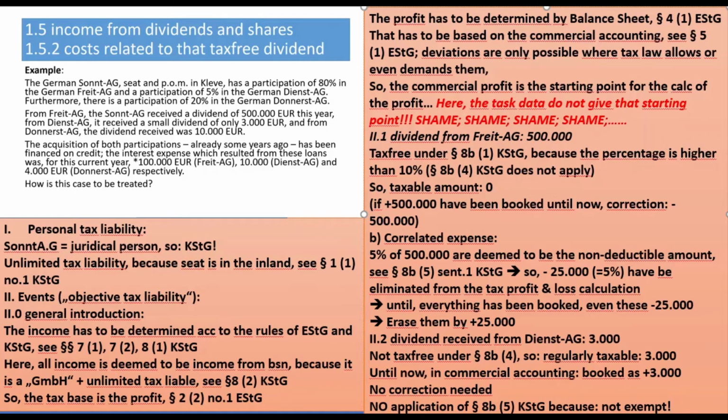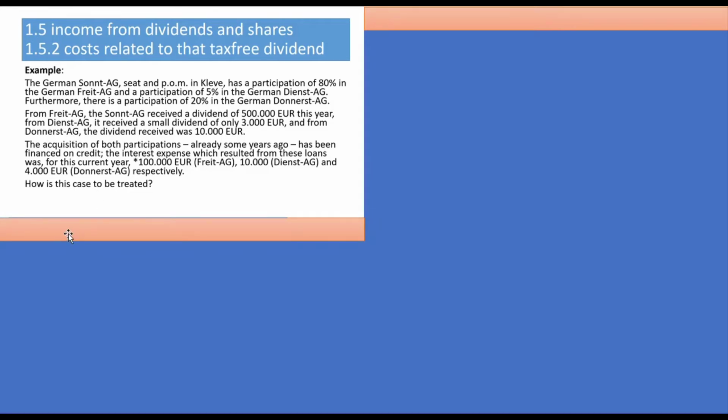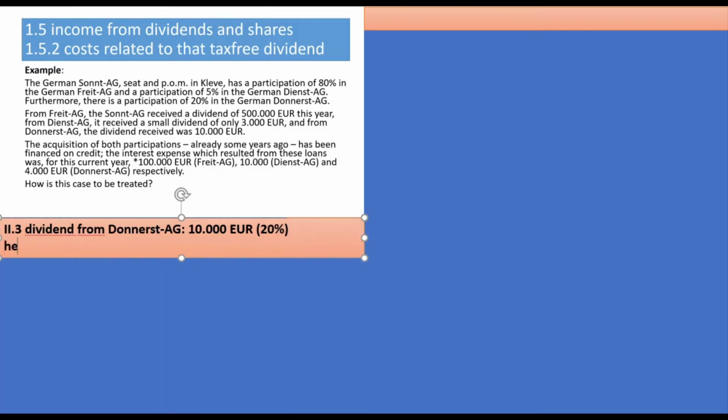Then we have the last thing, the Donnerst AG. That's 10,000 euro. And the participation was 20%. Well, here paragraph 8b1 KStG applies again.